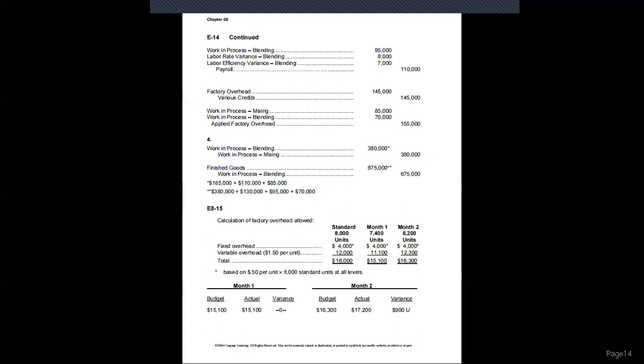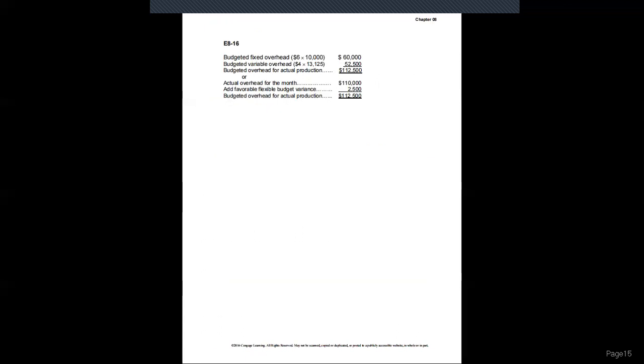Okay, so we now go to E8-16. What are the requirements in E8-16? Here in E8-16, the requirements are based on this information, determine the amount of the budgeted overhead for the actual level of production.